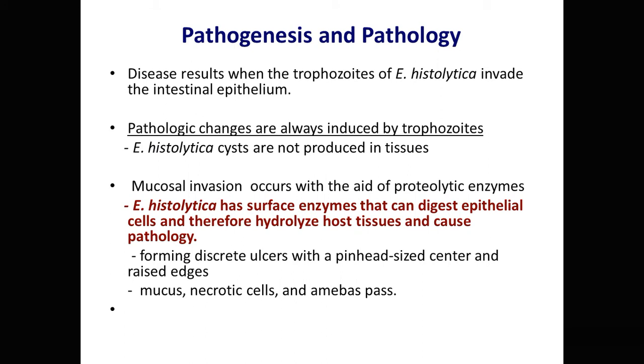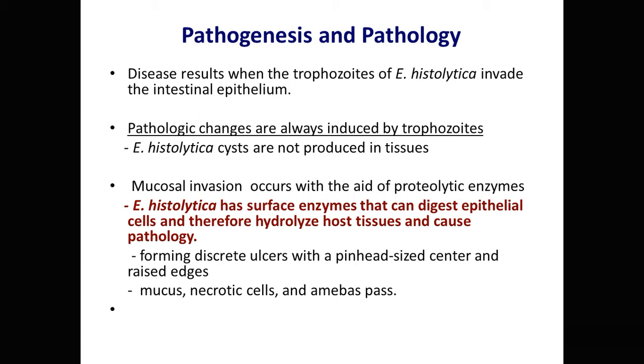So how does the disease develop? When trophozoites divide by binary fission, Entamoeba histolytica produces proteolytic enzymes, and these enzymes can digest epithelial cells and hydrolyze the host tissue.